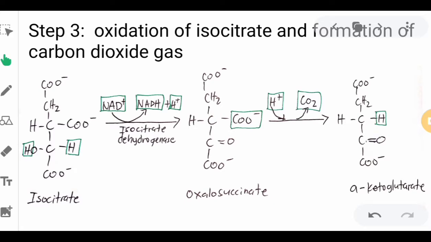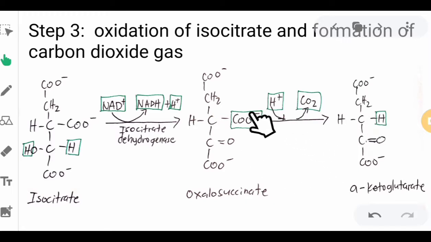And then, after you remove the hydrogen here, you will now have the oxalosuccinate. And what will happen next is the decarboxylation. If this is oxidation, the removal of the hydrogen, then with the oxalosuccinate, the next step that will occur is what we call the decarboxylation process, or the removal of the carboxylate ion.